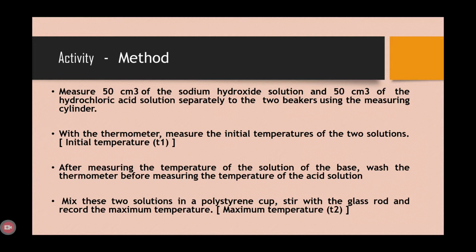After measuring the temperature of the solution of the base, wash the thermometer before using it for the temperature of the acid. So we have to clean the thermometer after using. Then mix the two solutions in a polystyrene cup.